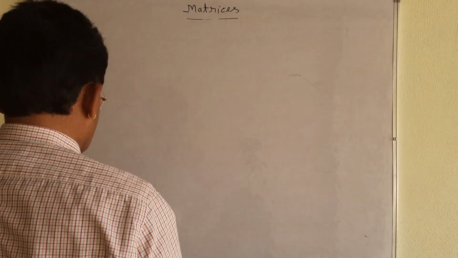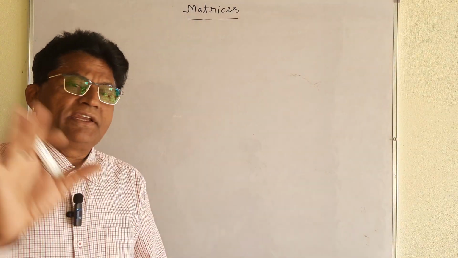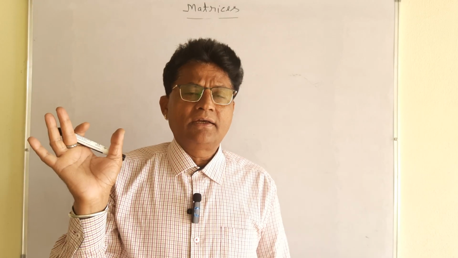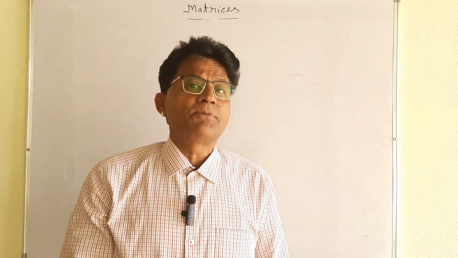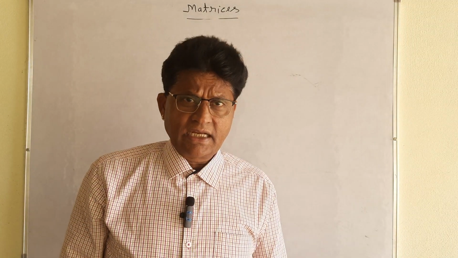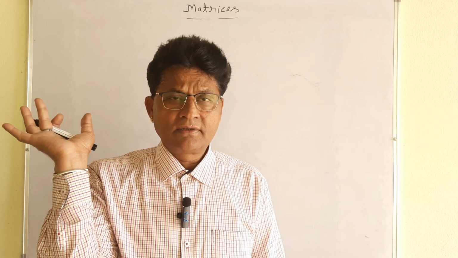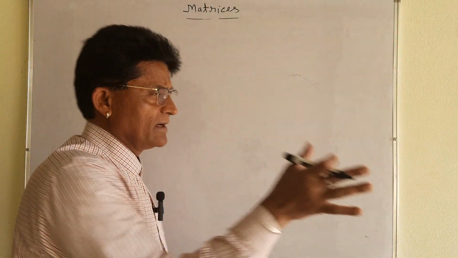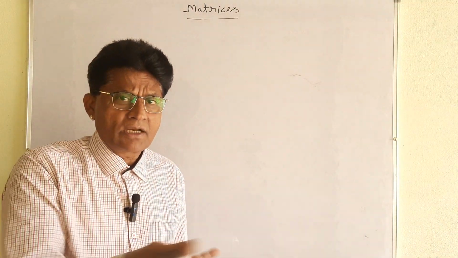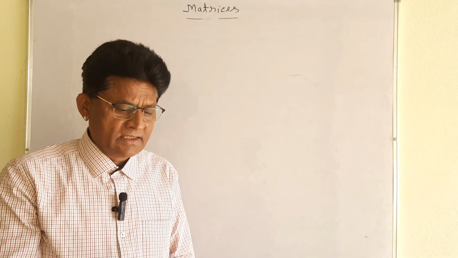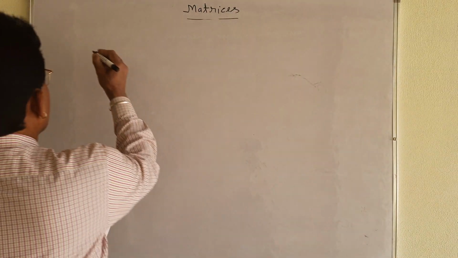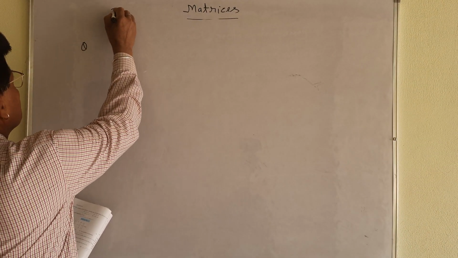Let me take the questions that are given in your book. I will take the questions from exercise 3.1. A very important exercise and very simple questions. No need to take other extra examples. The questions given in this exercise are more than sufficient. Let me take question number 1 from exercise 3.1.